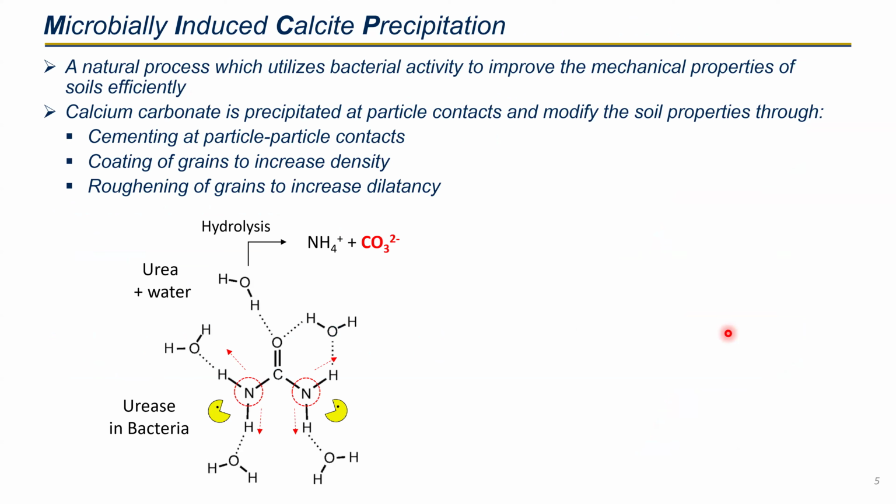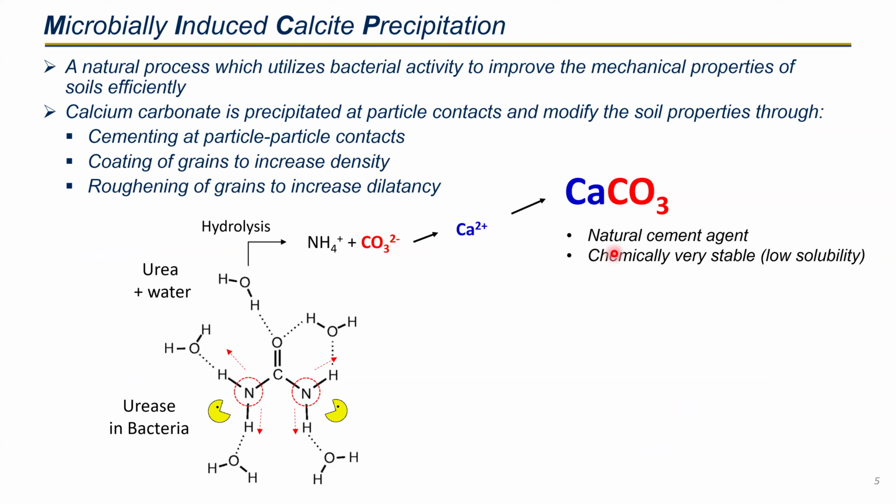Among them, the biocementation technique can be used as a sustainable soil improvement technique. Microbially induced calcite precipitation, also known as MICP, uses bacteria which have urease. And this urease can decompose urea into carbonate ion. And when this carbonate ion meets the calcium ion, it precipitates chemically stable and low solubility calcium carbonate.